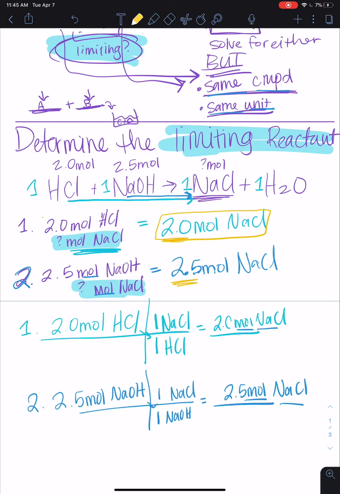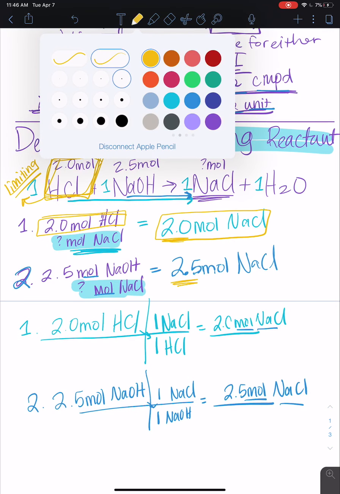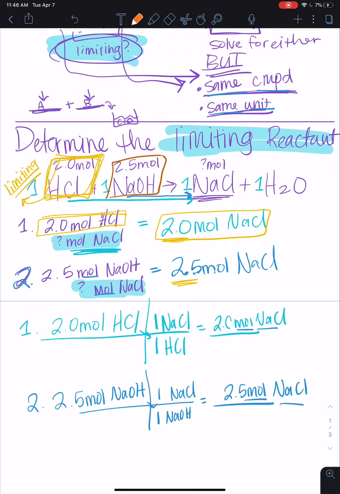So that means your limiting reactant is the 2.5 moles of HCl, I mean 2.0, my goodness, 2.0 moles of HCl. Why can't I talk? So this is your limiting. If that is your limiting, that means the other has to be your excess.